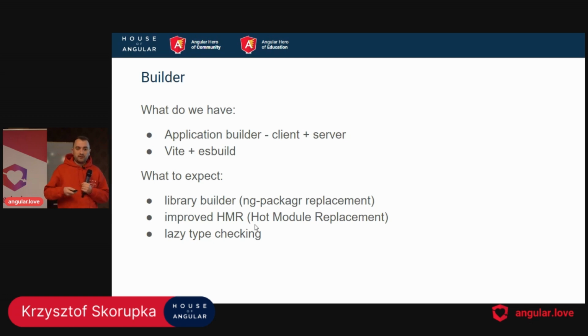So maybe the idea could be that we will transpile our application from TypeScript to JavaScript, but then the type checking will be happening separately and we'll eventually get the results. So at the very end, it's about being more optimistic, that probably things will be going well. Yeah, there will be no errors and so on. But eventually, the type checking output will also be delivered to the developer. But this should really also improve the dev server build times.